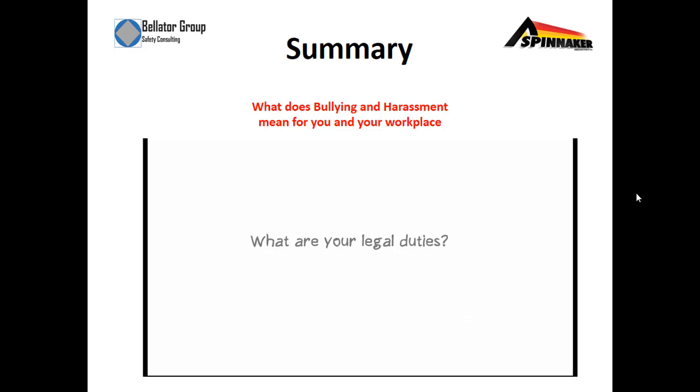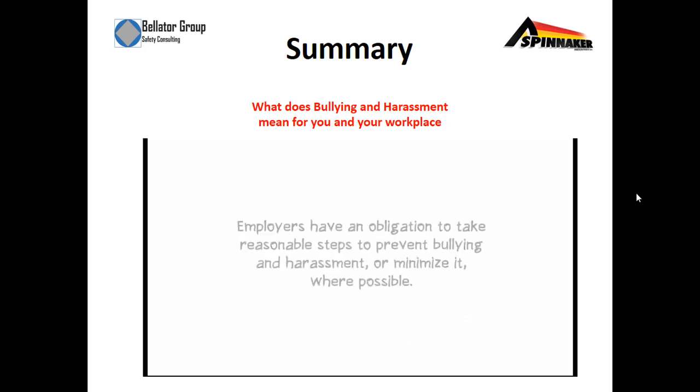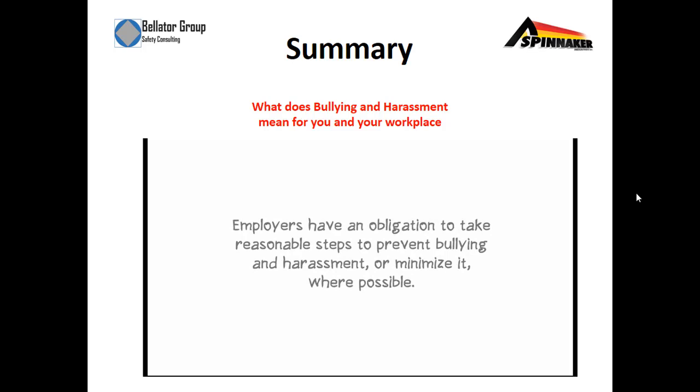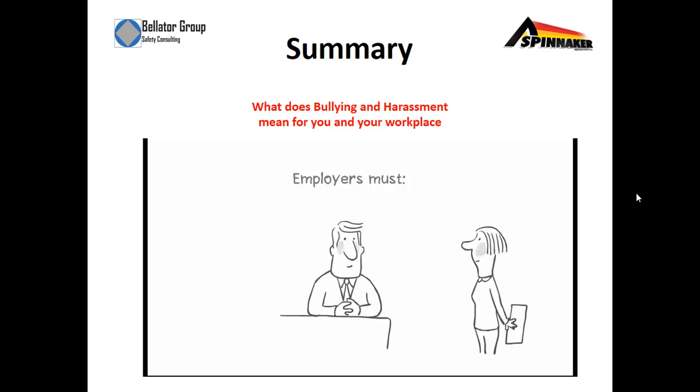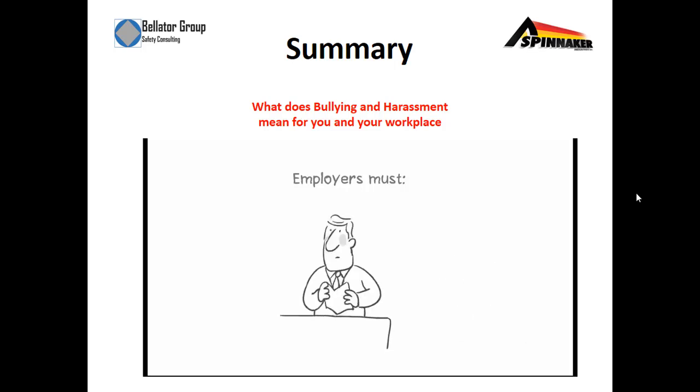So what are your legal duties? Employers have an obligation to take reasonable steps to prevent bullying and harassment, or minimize it where possible. Employers must also develop a policy statement that addresses bullying and harassment in the workplace, develop and implement procedures for reporting incidents or complaints and for how they will be dealt with.